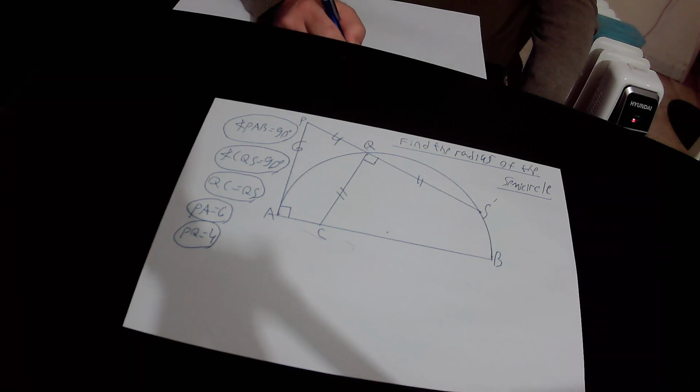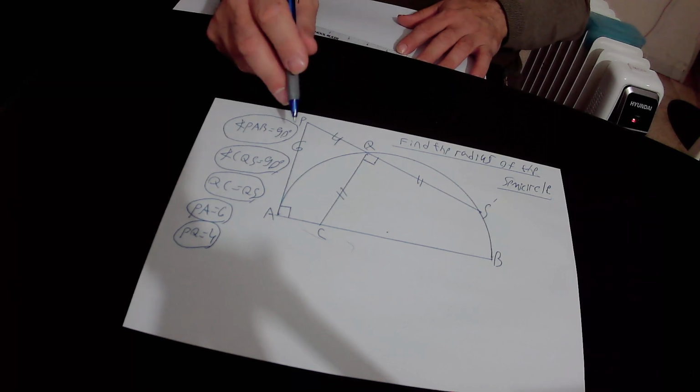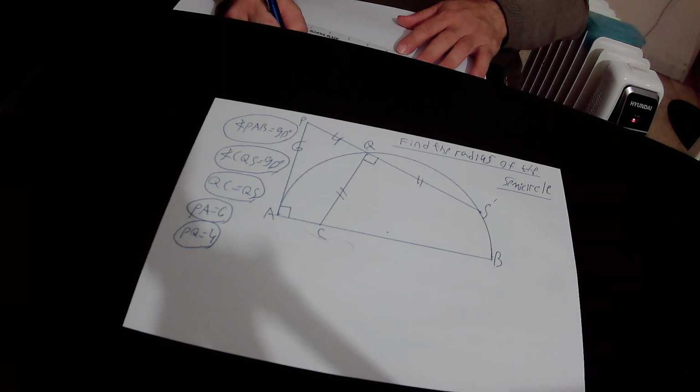According to rule number 10, we will get that PA square equals PQ times PS.